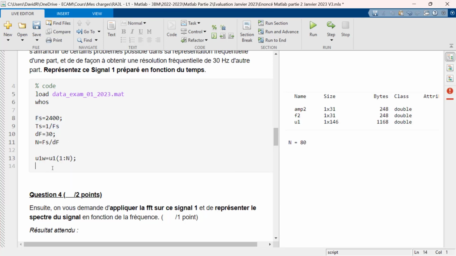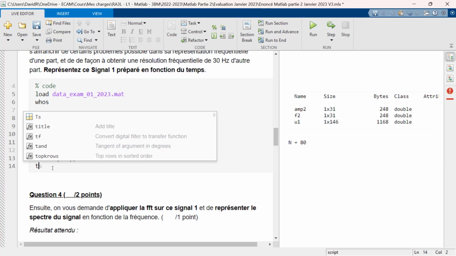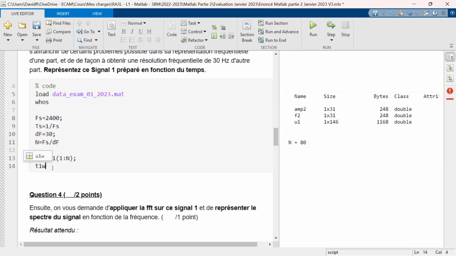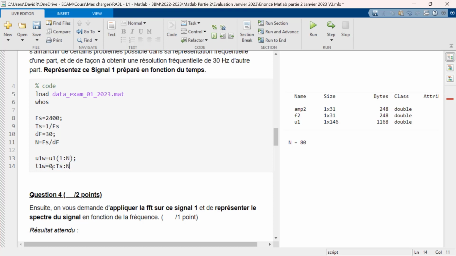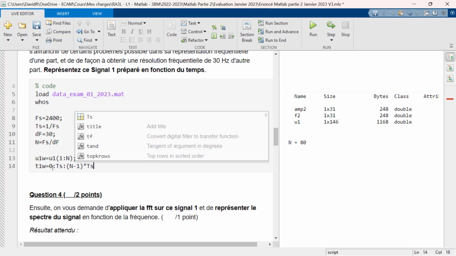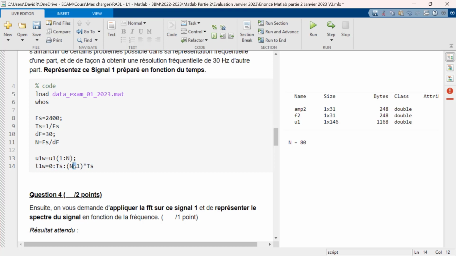Et donc on va pouvoir se créer un vecteur temps, qui va directement correspondre à la bonne fenêtre, et on va démarrer le temps en 0 et aller par pas du pas d'échantillonnage, TS, jusqu'à n moins 1 fois TS. Alors le moins 1 ici vient du fait qu'on a bien commencé en 0, et donc pour avoir n éléments au total, il va falloir aller jusqu'au n moins 1 fois TS.